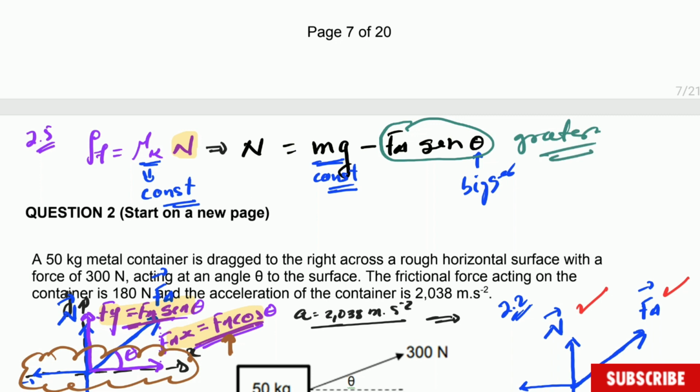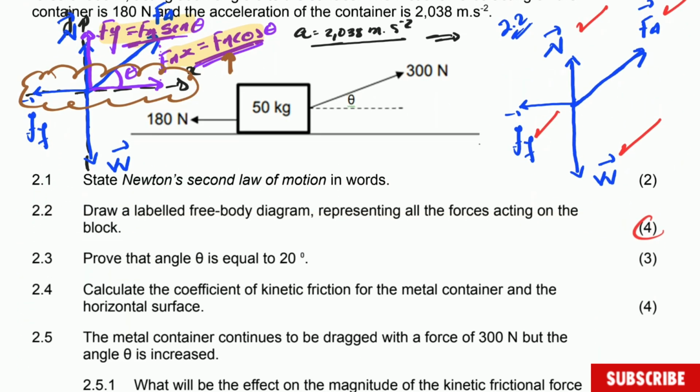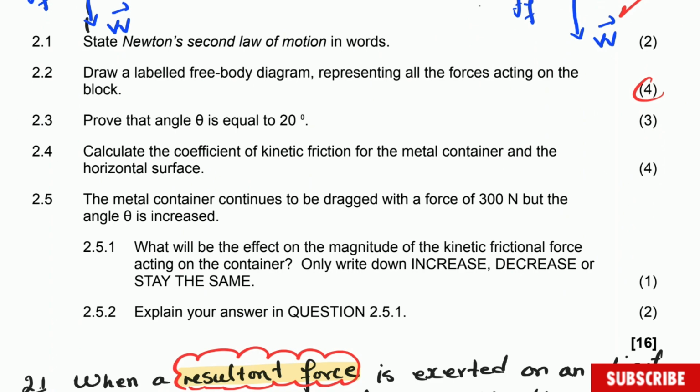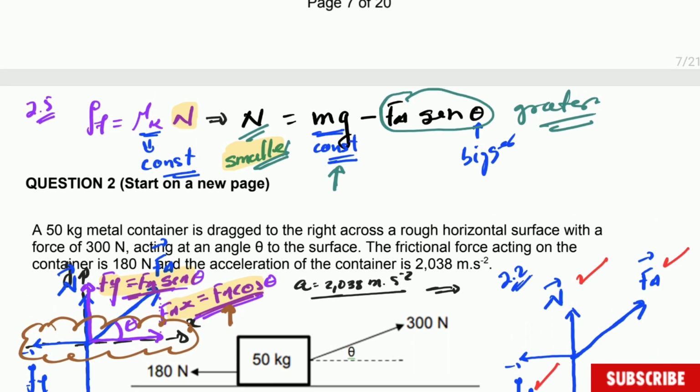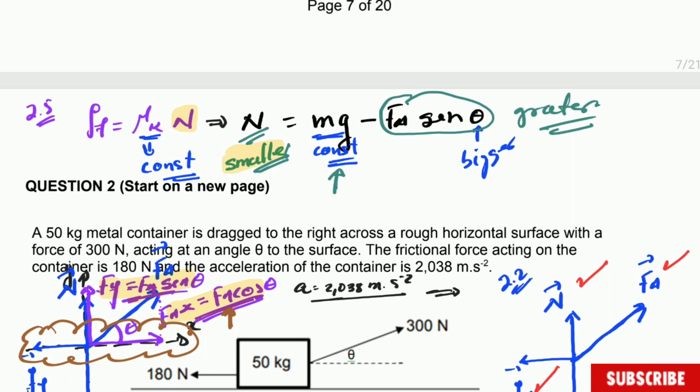Alright? So you are subtracting a bigger number from a constant, which means the normal will be smaller. The normal will be smaller. And if the normal is smaller, then the frictional force is smaller. So what will the answer be here? It will be decrease, and the result is that one there.